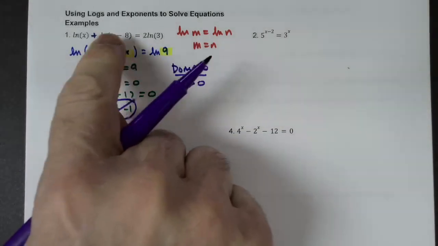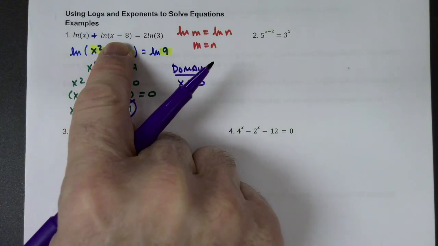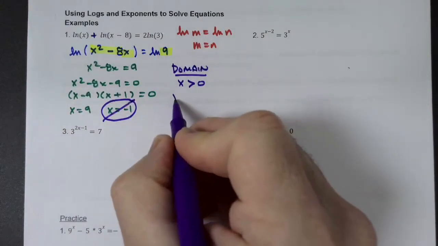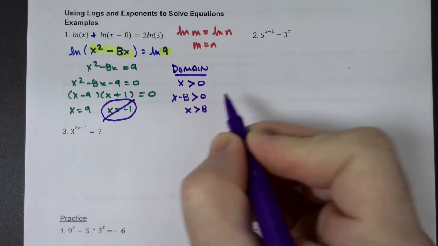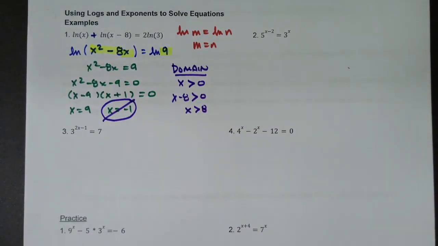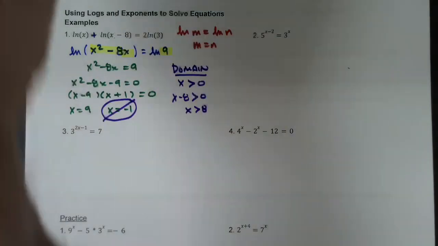If we want to check on the second expression in this, the x minus 8 also has to be greater than 0, which means x has to be greater than 8. And of course, 9 is greater than 8, so we are okay with that. Okay?